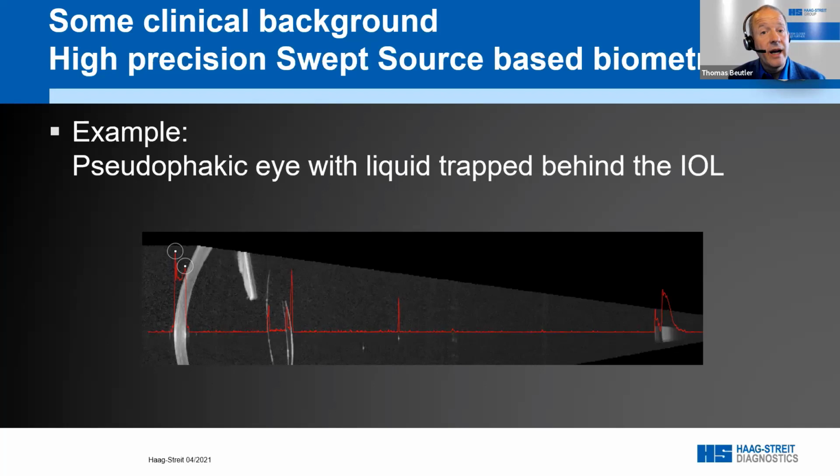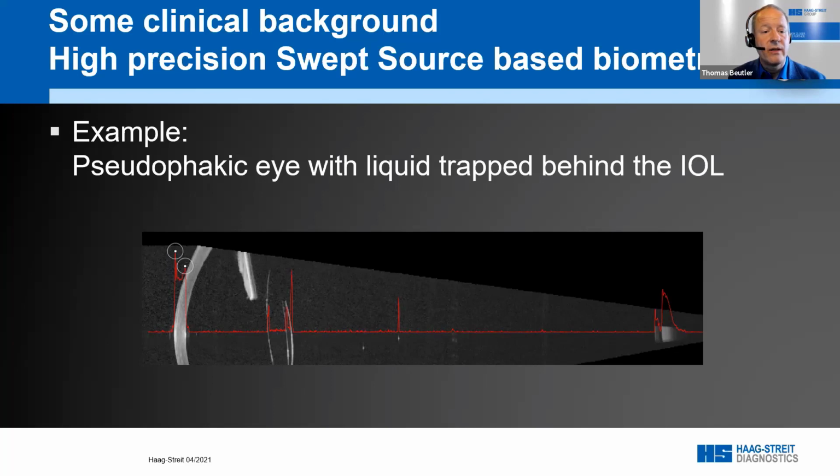So now we have a real answer to the patient why, for example, in this case, his optical result was not perfect. Due to the trapped liquid, the IOL was shifted a little bit forward, so the lens position was not perfect, and therefore his visual acuity was not perfect in the end.